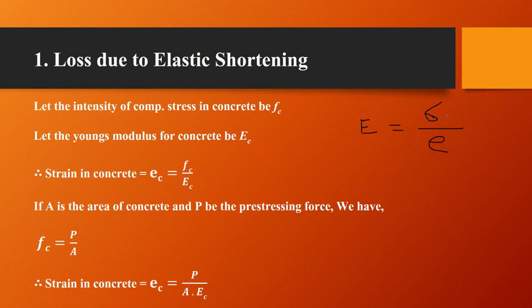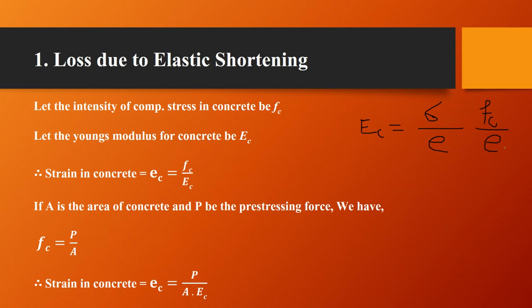It is the ratio of stress upon strain, sigma by epsilon, or in this case we have used the letter Fc by Ec. So for our case we have to calculate the elastic modulus of concrete, Ec.